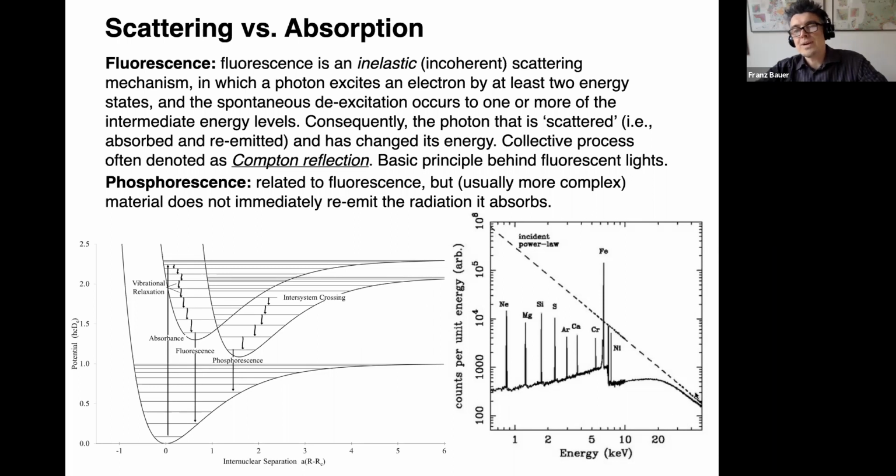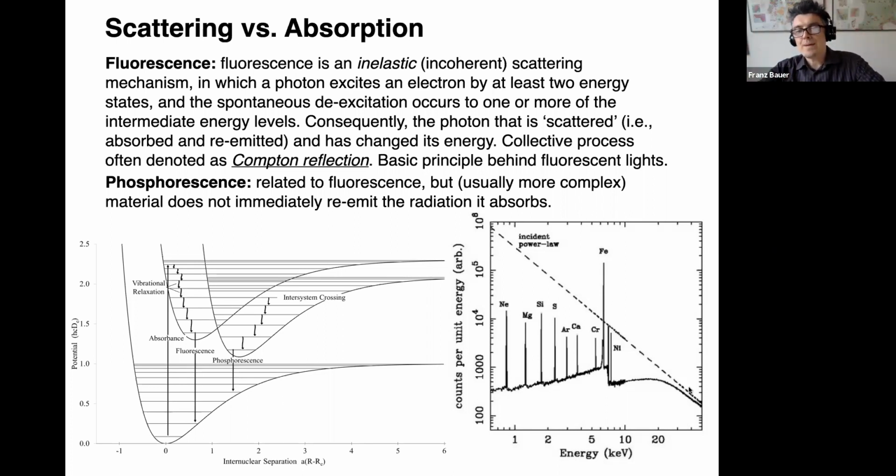And so you have an input spectrum, which might be a power law, and it encounters some material, which is complex. It's not just some part of the ISM. And so it has some hydrogen, some helium, some iron, some nickel, some sulfur, or whatever.